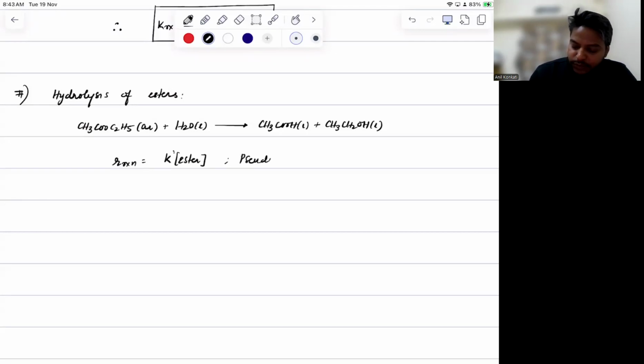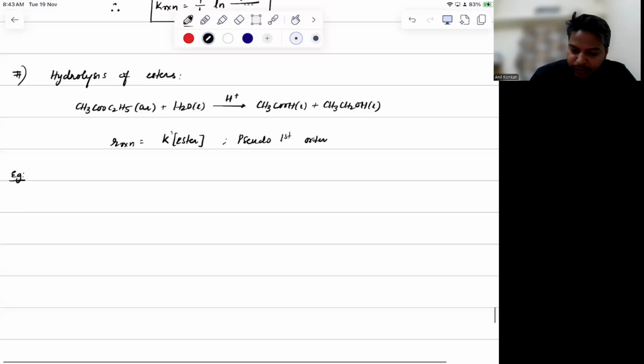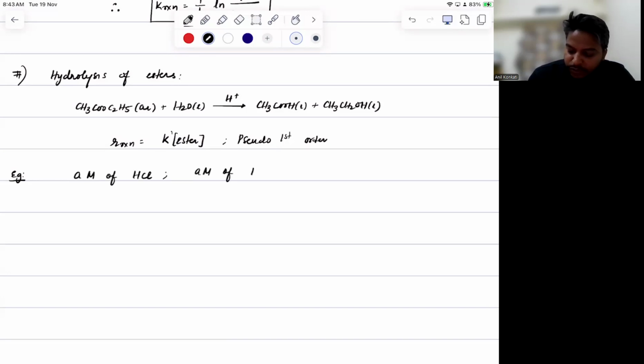But remember, this reaction is most favorable in acidic medium. So it depends on the concentration term. The more the concentration, the higher the K value. So one JEE question, let us focus on how it is being asked. It has been said hydrolysis of ester was carried out with A molar of HCl in one scenario, and A molar of H2SO4 in another.